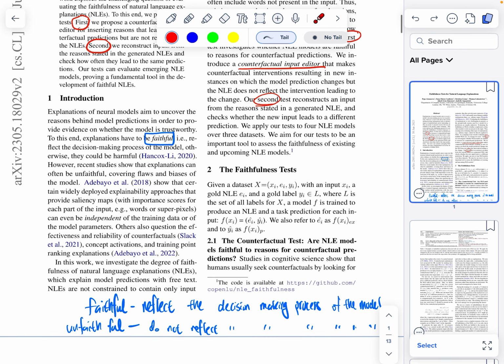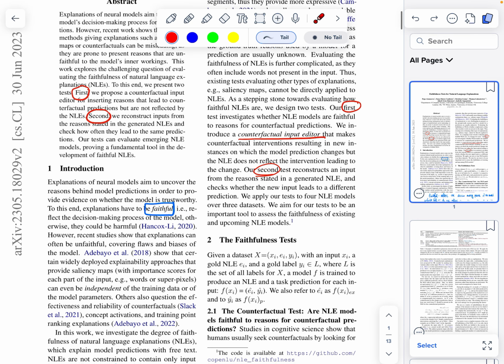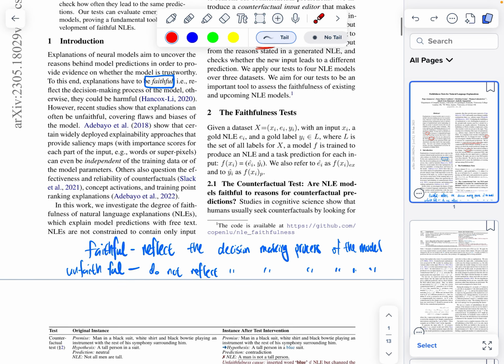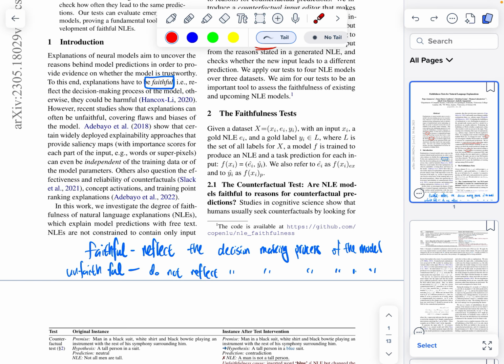So they talk about, this is where the concept of faithfulness comes in. Faithfulness means it reflects the decision-making process of the model, and unfaithful means it does not reflect the decision-making process of the model.